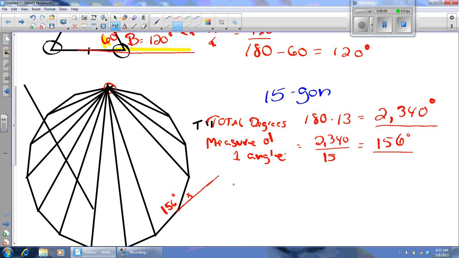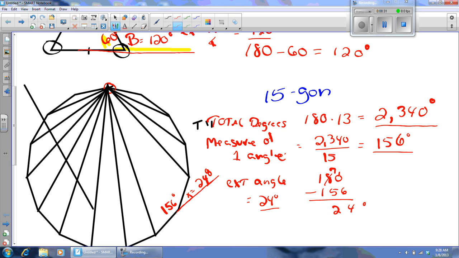How do I get that? Well, the exterior angle will be 180 minus the 156. To do some borrowing, get a 4, going to get a 2. It's going to be a 24-degree angle. 24 degrees. So x is a 24-degree angle.